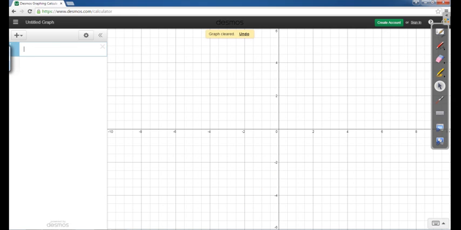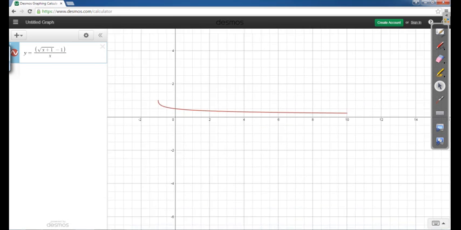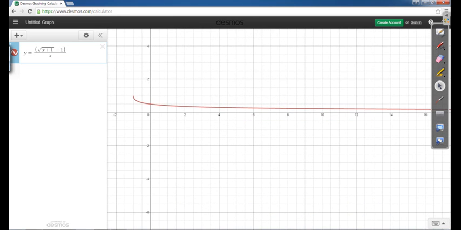So I have y equals √(x+1) − 1. Divide this one by x. And now the question is, what is the limit as x approaches 0?